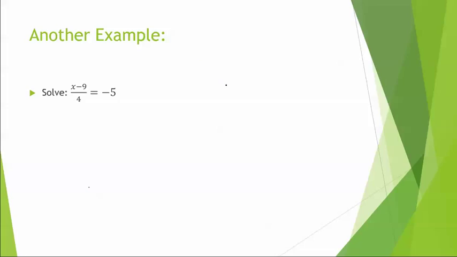Okay, this one. First, second. First, second. We have x, take away 9, divided by 4. Now, order of operations says division before subtraction, but actually it's like there's parentheses here.